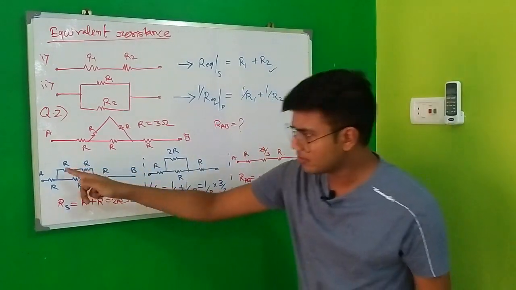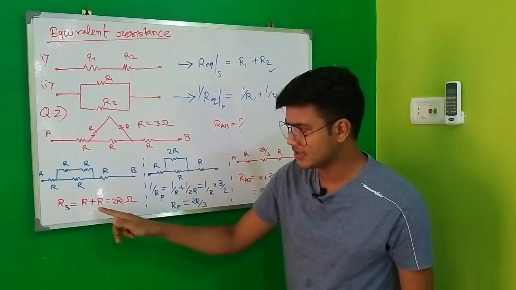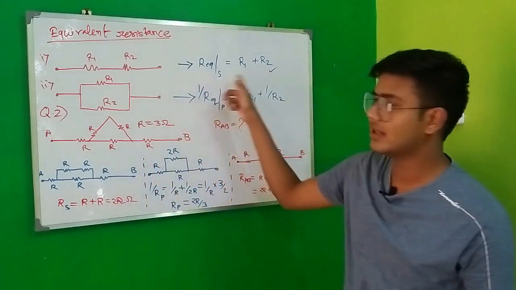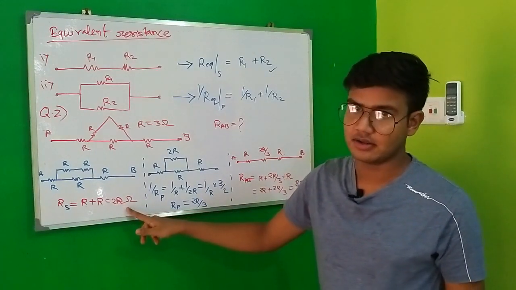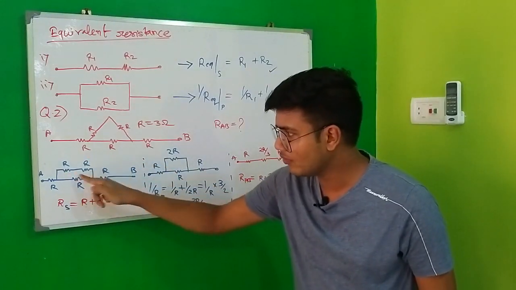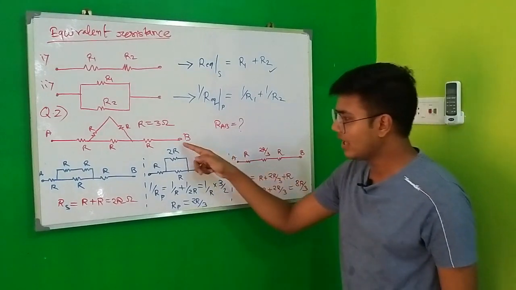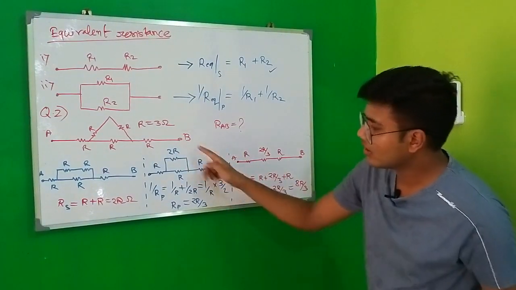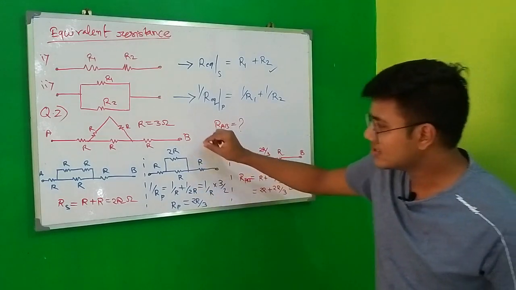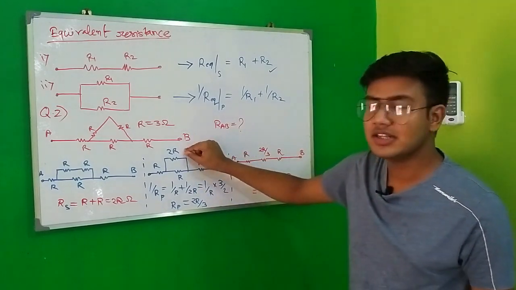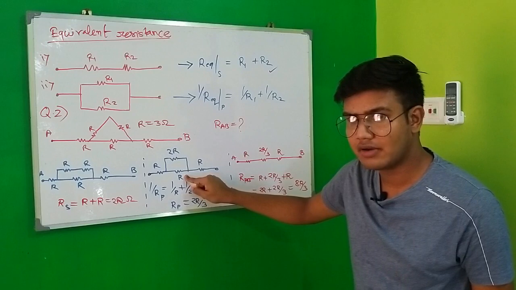If you solve those two first, you will get Rs equal to R plus R. We know the series combination is addition, and you are getting 2R, this equivalent part. You put that 2R over here and you get this kind of circuit, where now this upper equivalent part is in parallel combination with the lower resistance.